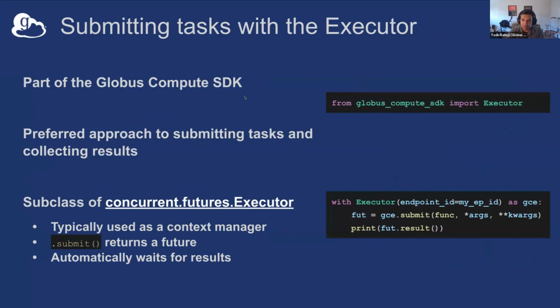So the first bit is the Globus Compute SDK itself. You can pip install the Globus Compute SDK. It's available in PyPI, and this is the preferred mechanism. The Globus Compute SDK's executor is the preferred mechanism by which you would submit tasks and interact with Globus Compute.